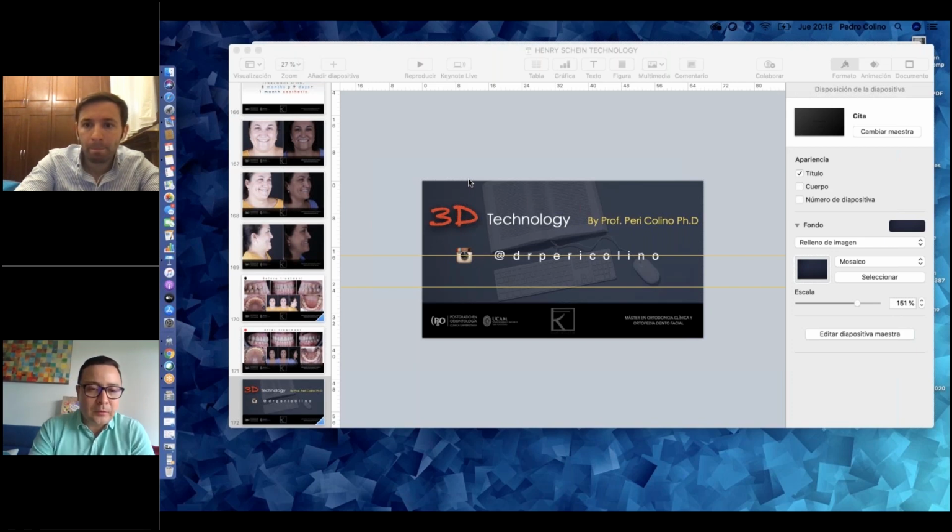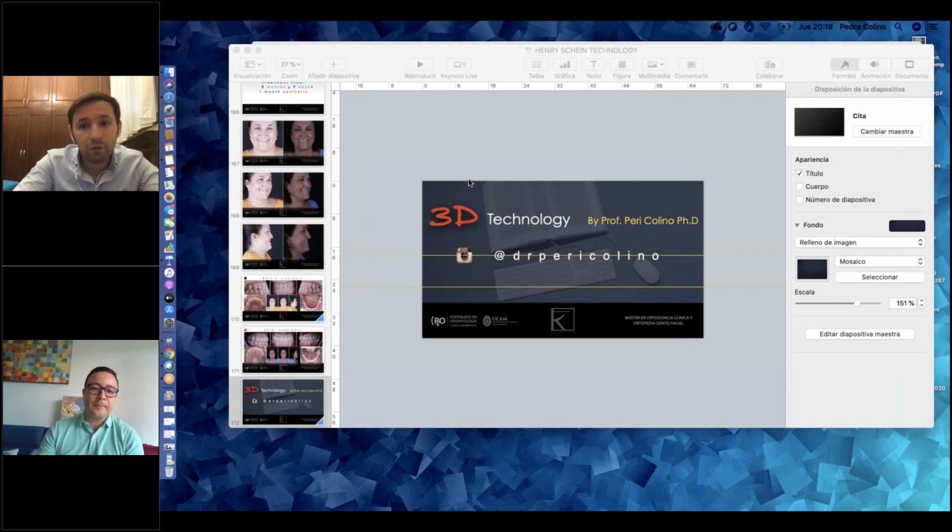This is a pretty good question with this new technology. How much worse in orthodontic treatment do you consider doing orthodontics without a CT scan versus traditional diagnosis? You can do orthodontics without 3D, but you are losing a lot of information.